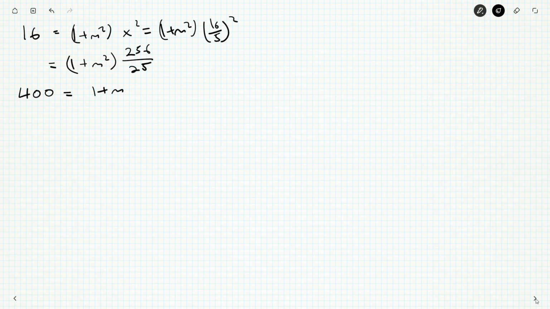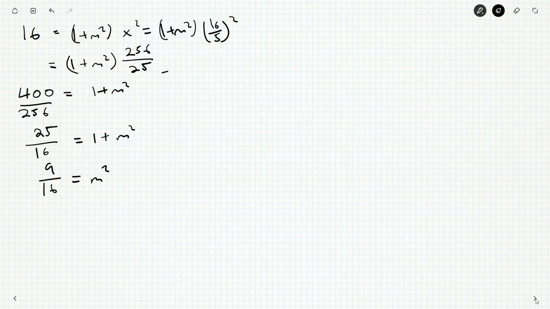So 400 is 1 plus m squared times 256, but I can divide by 256 over here. Heck, we could have avoided a lot of this and divided top and bottom by 16. 25 over 16 is 1 plus m squared. Subtract 1 from both sides, and get 9 over 16 is m squared.